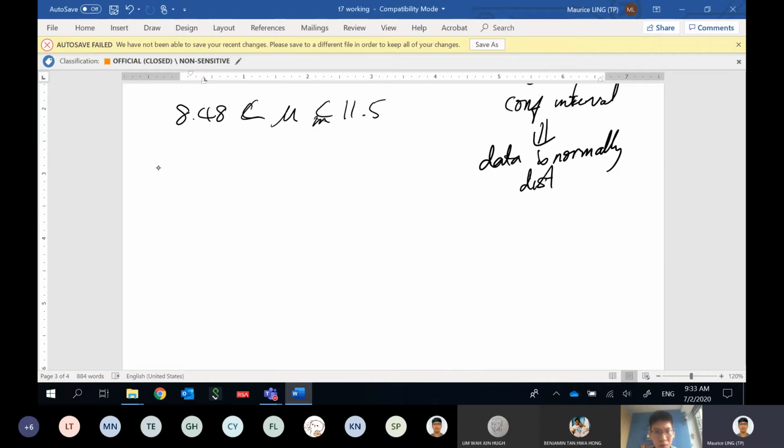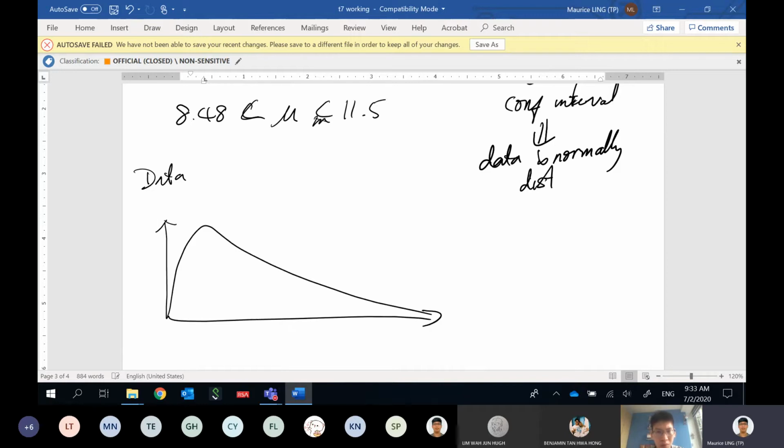Let's say, for example, the data is this type of distribution, and your mean will be somewhere here. How do you construct the confidence interval? That means the value of x falls under a certain range.